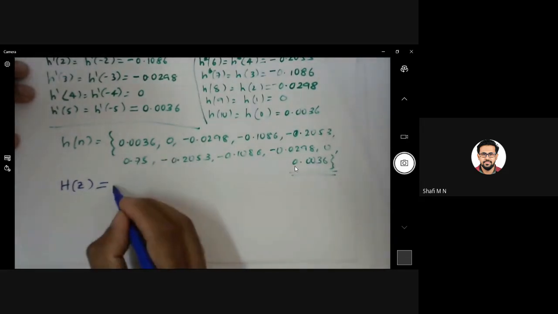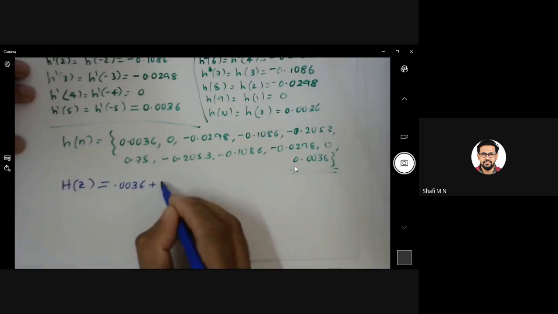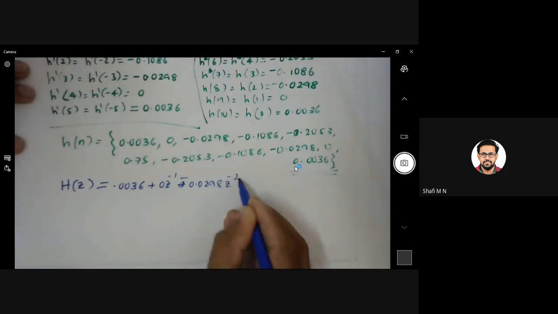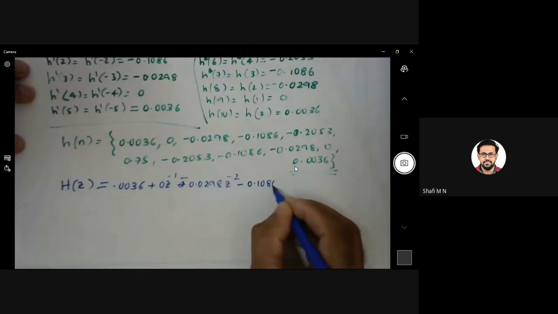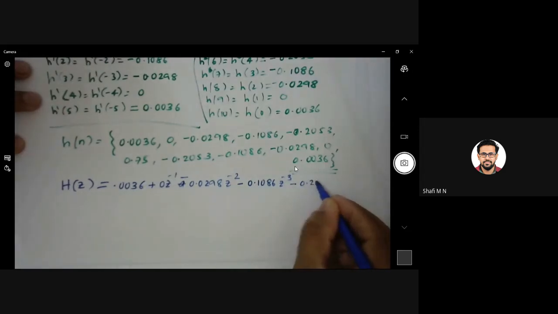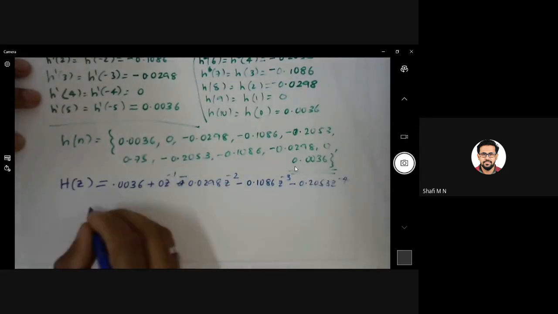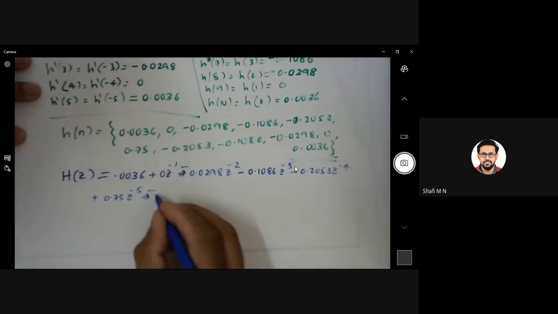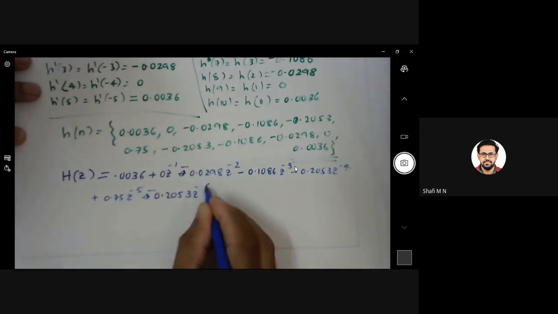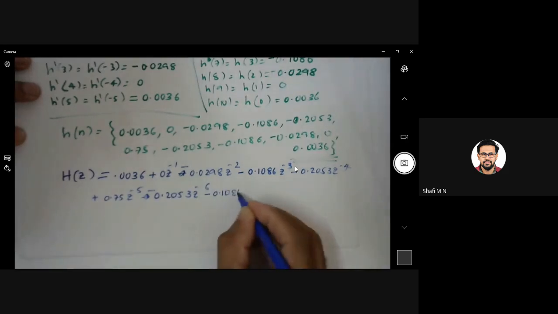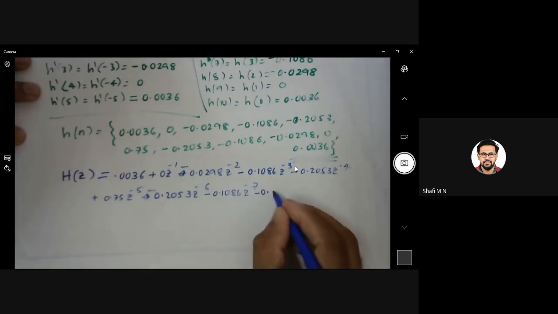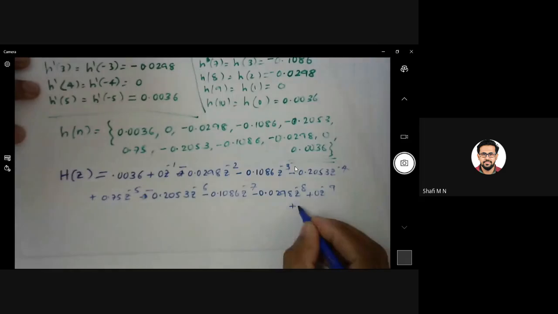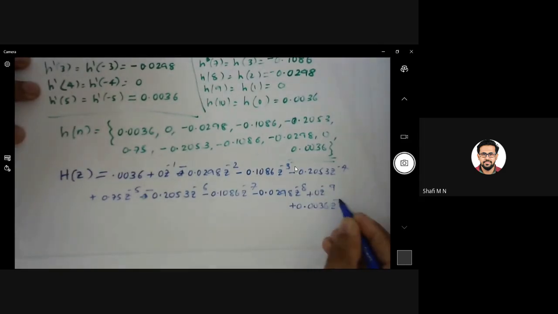Transfer function: 0.0036 plus 0 z raised to minus 1, then minus 0.0298 z raised to minus 2, minus 0.1086 z raised to minus 3, minus 0.2053 z raised to minus 4, plus 0.75 z raised to minus 5, minus 0.2053 z raised to minus 6, minus 0.1086 z raised to minus 7, minus 0.0298 z raised to minus 8, plus 0 z raised to minus 9, plus 0.0036 z raised to minus 10.